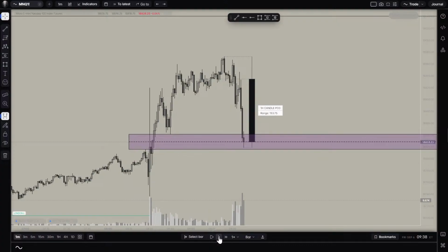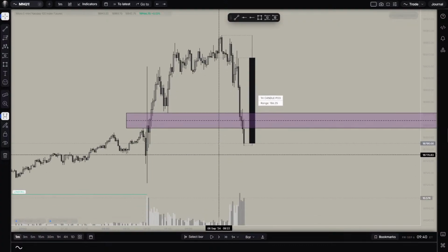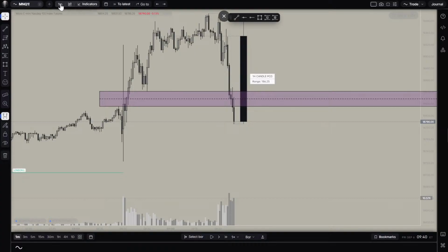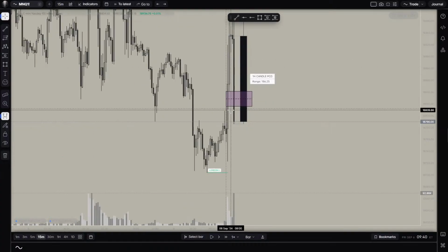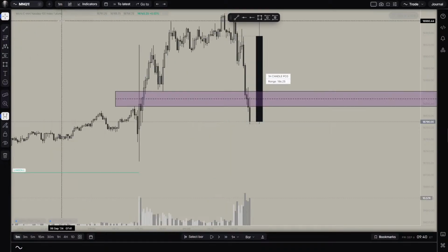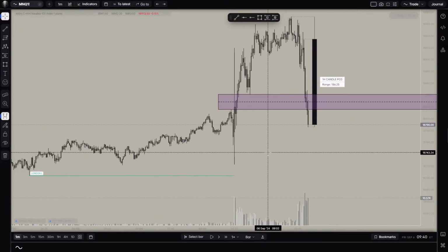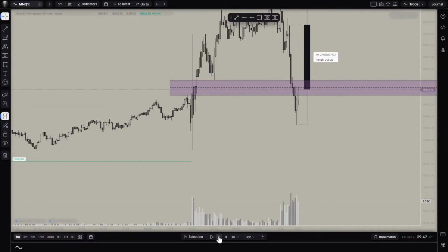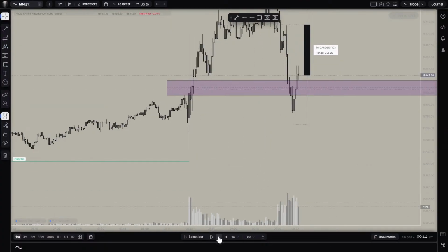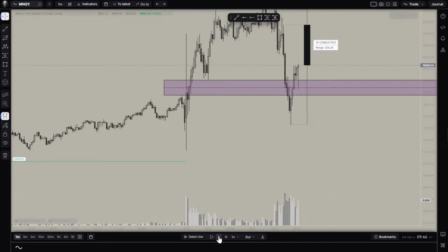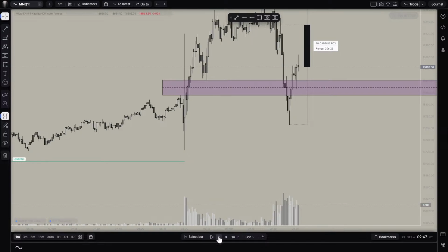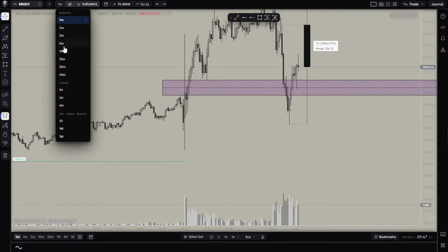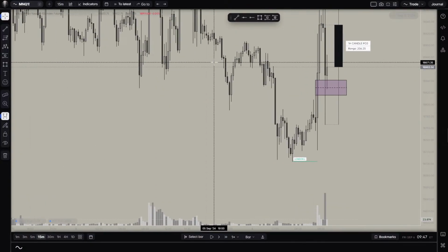We get a tap. Do we get an inversion? Okay, let's see this 5 minute. If it does close, then we might target the sell side also. Do we close? No, we do not.